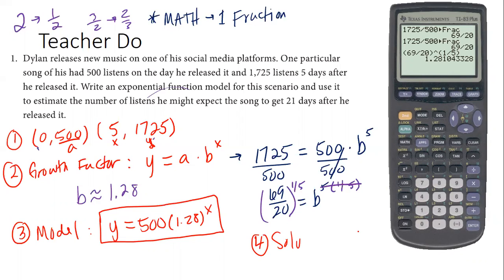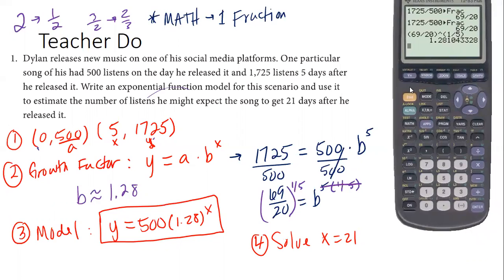To solve, it wants to know 21 days. So if x equals 21, what do we get? You can either put that in and look at the table, or look at the graph, or you can just substitute 21 in.